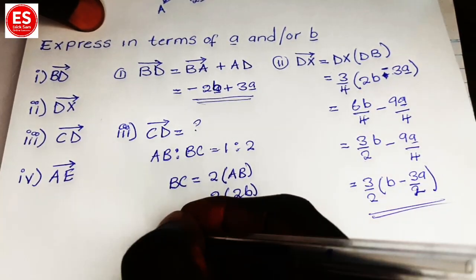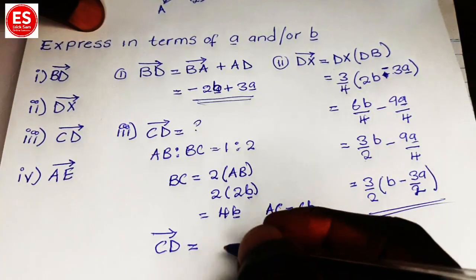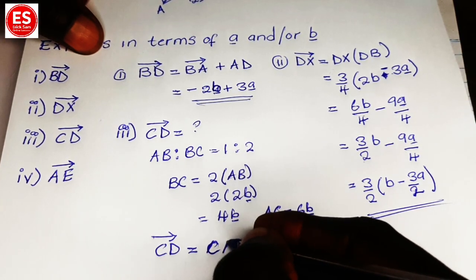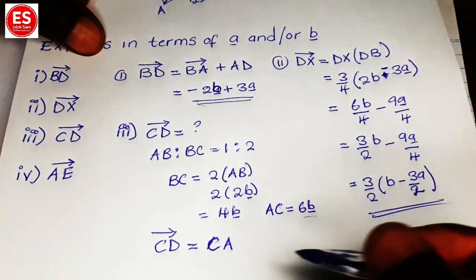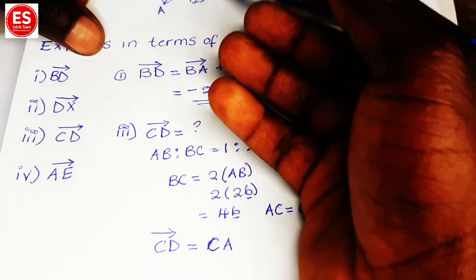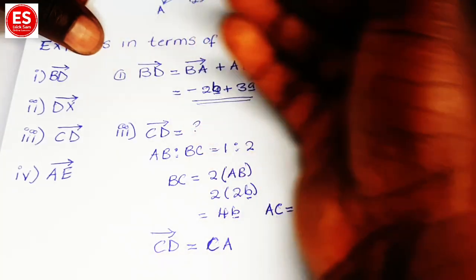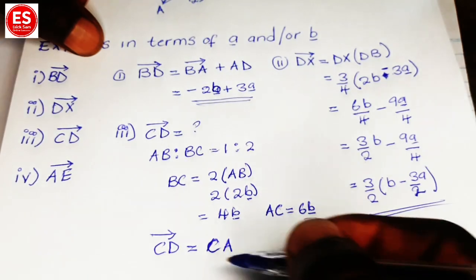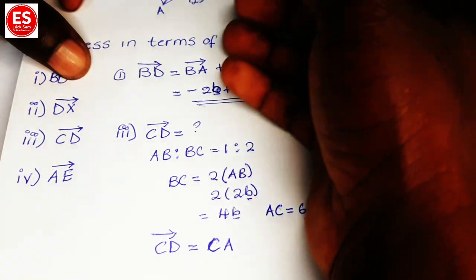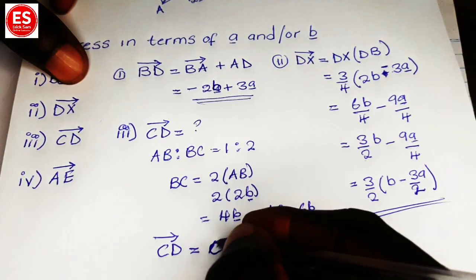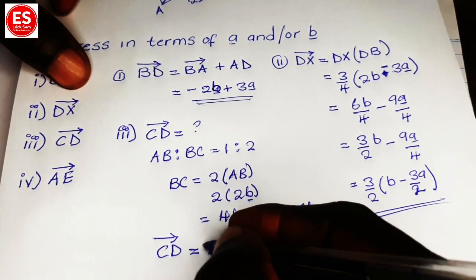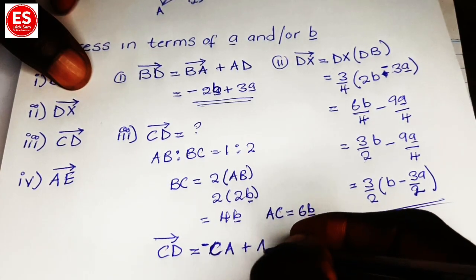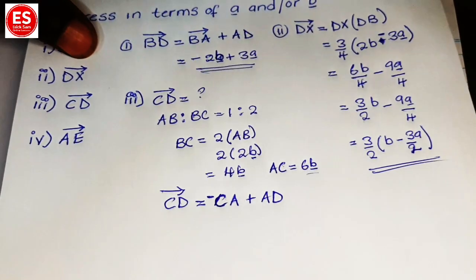Now you can use this one. You're going to say C to D is equal to CA, since now you have the total distance. If you want, you can say CB, then BA, then AD. Remember, we have the values here, so you can do that, or you can just simply say it directly like this. As you are moving from there to there, you are going in the opposite direction, so this becomes negative CA, plus AD. Hopefully you're following.